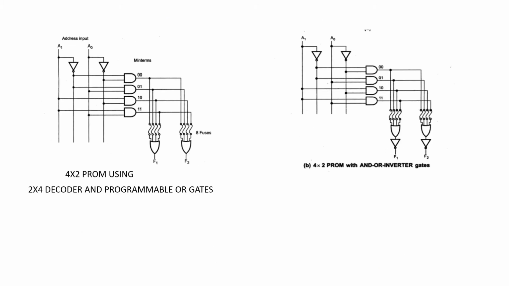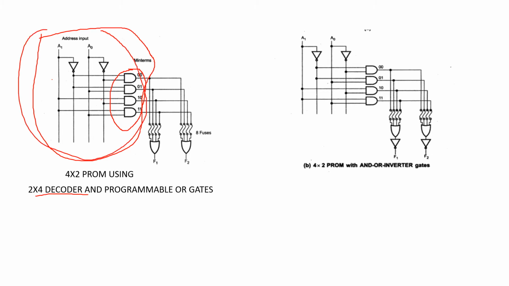So here, a 4x2 ROM using a 2x4 decoder. With a 2x4 decoder, by using 2 bits we can select any one of 4 minterms. The 2x4 decoder is required; up to this is the 2 power k implementation. So any one of the 2 power k memory locations is selected by using the 2x4 decoder. This is the 2x4 decoder and 2 outputs are there.